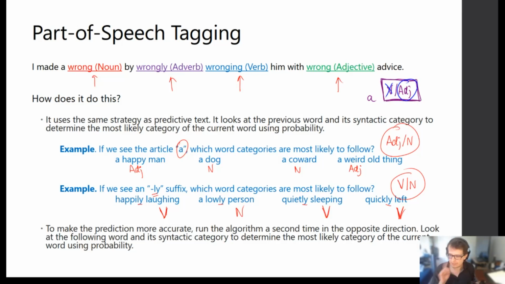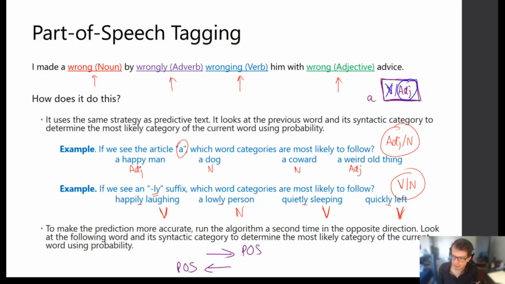And to make sure that a computer is assigning the right part of speech for certain words, it can not only go forwards when tagging, left to right, assigning word categories, but it can also go backwards through the sentence and do it again. So it can go forward, assign categories, and then start from the end and go backwards and do the same thing, to make sure it got the categories as accurate as possible.